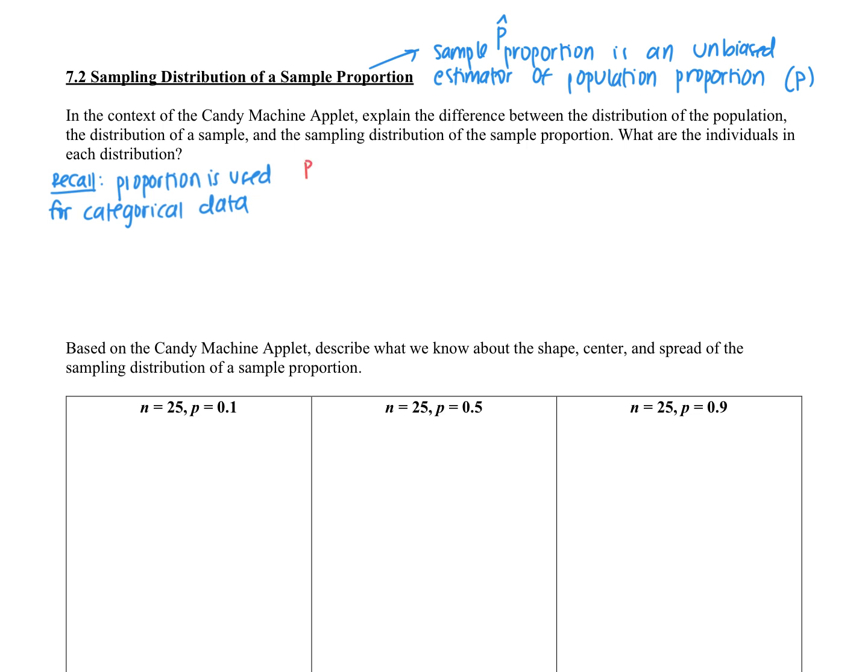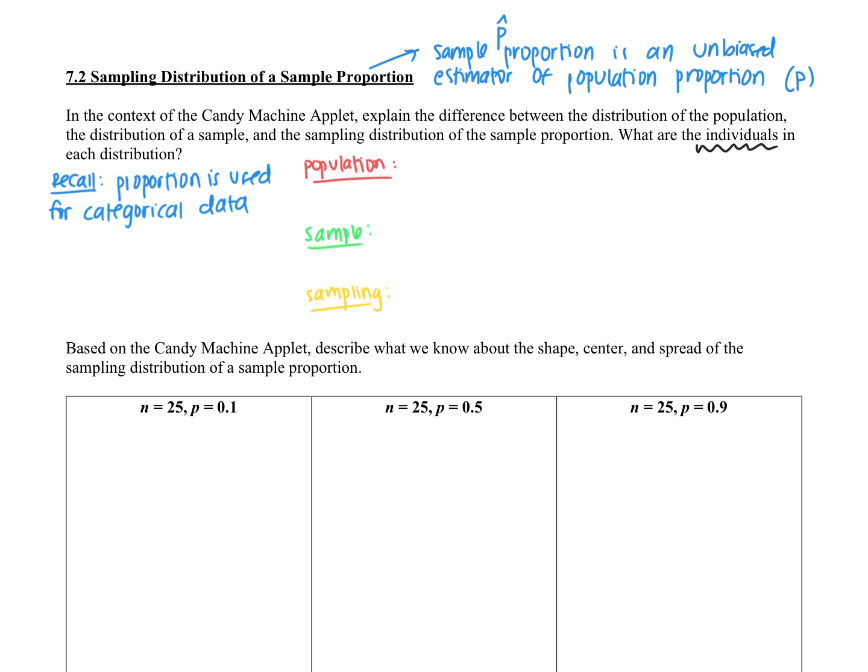Okay, so we need to talk about what is the population, what is the sample, and then what about the sampling distribution? And then it asks us specifically, what are the individuals? So individual, every dot on the dot plot. What is the individual?